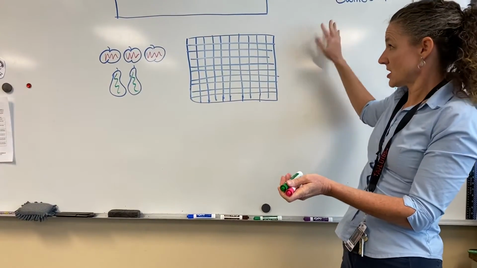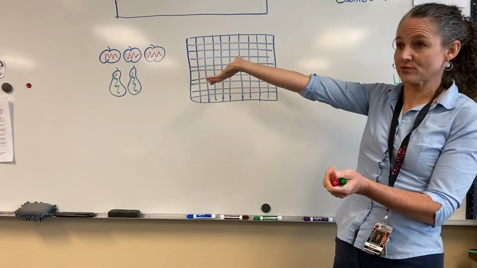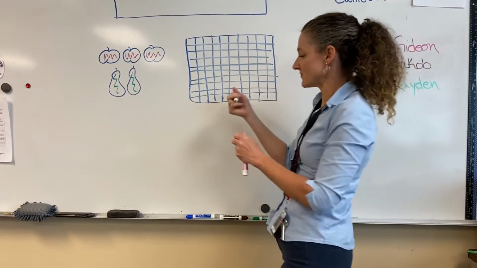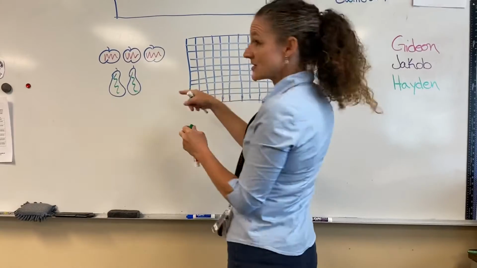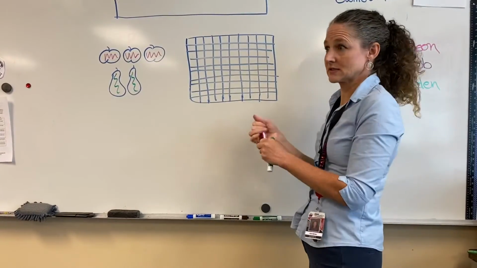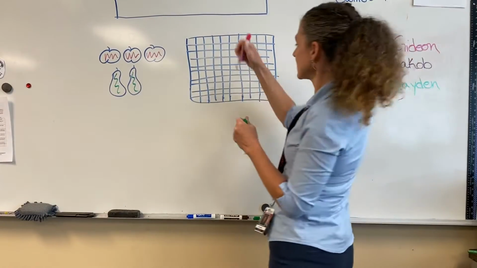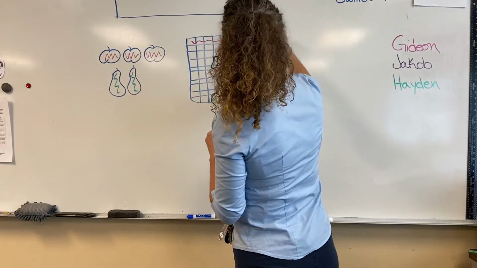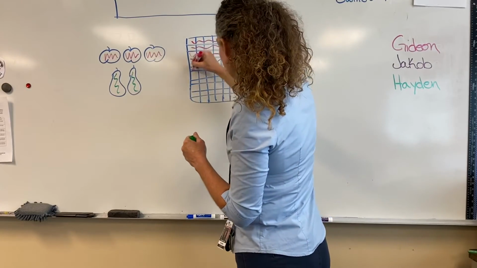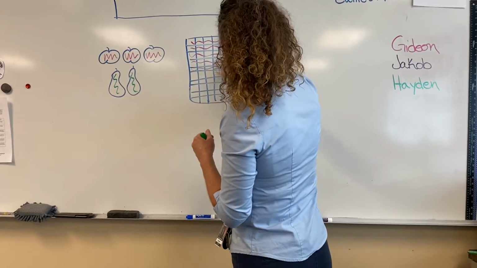But I only have 5 fruits. Yes, double it, so then I have 10 fruits and I have 10 lines, right? So how many of these lines are going to be apples? 6 lines are going to be apples. 1, 2, 3, 4, 5, 6. Do you like how we color them in?